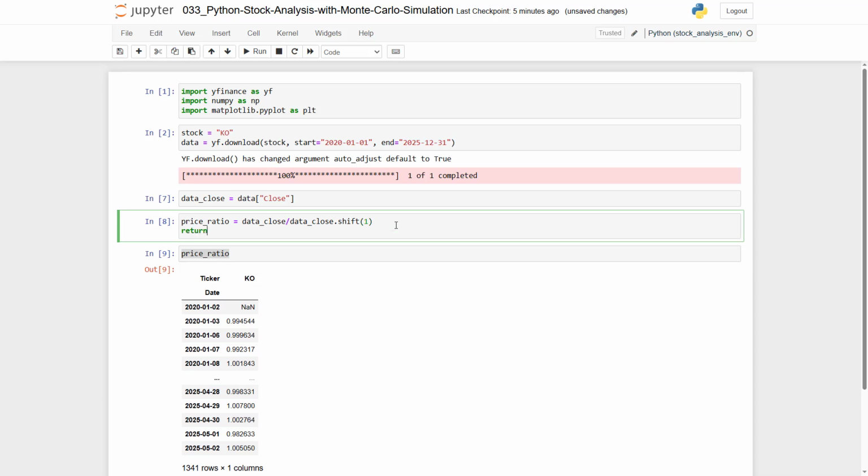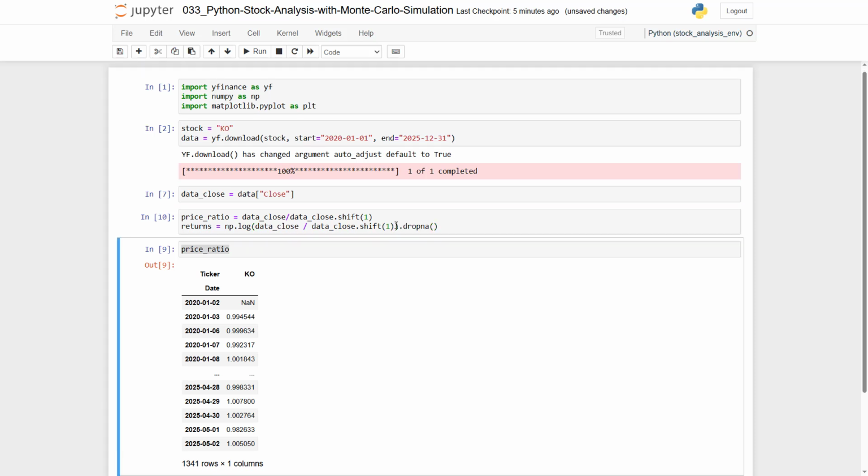And we will be calculating returns, not return, because return is a really safe word in Python. Let's not use it for variable naming, and we'll be using np.log data close divided by data close, shift 1, and we'll be dropping NA just in case.